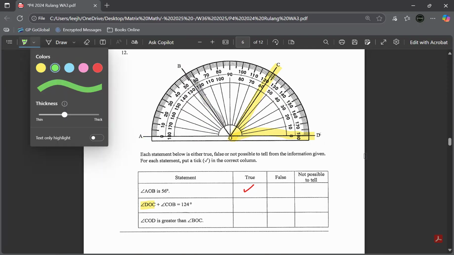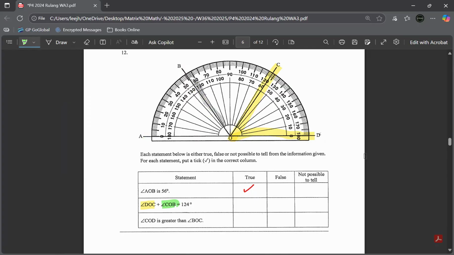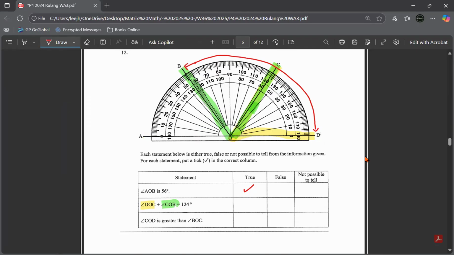C is here, O is here, so that means from here to here. I'm looking at this entire thing. Is this entire thing a total of 124 degrees? Actually, I'm looking at angle DOB.